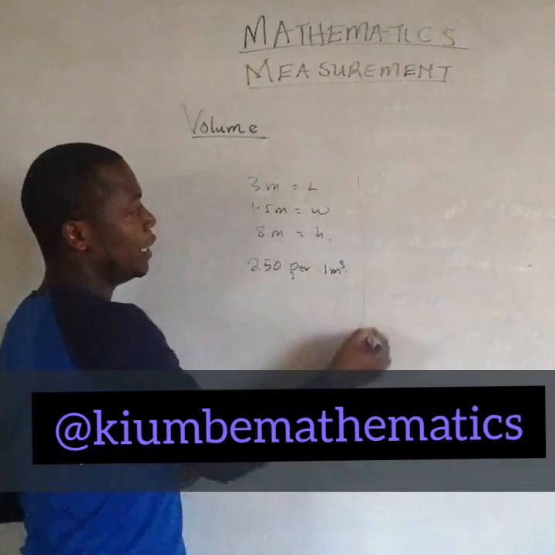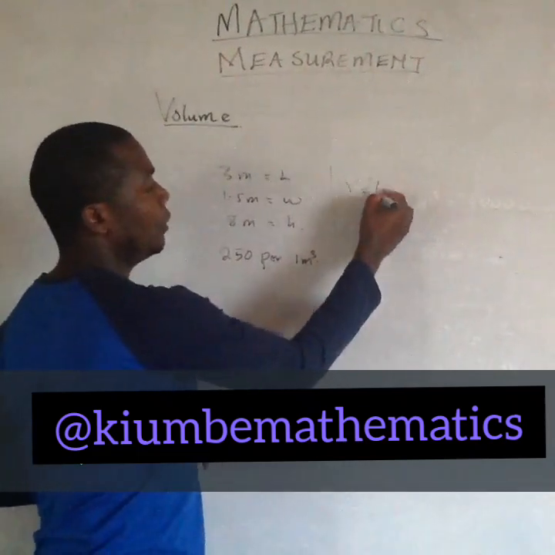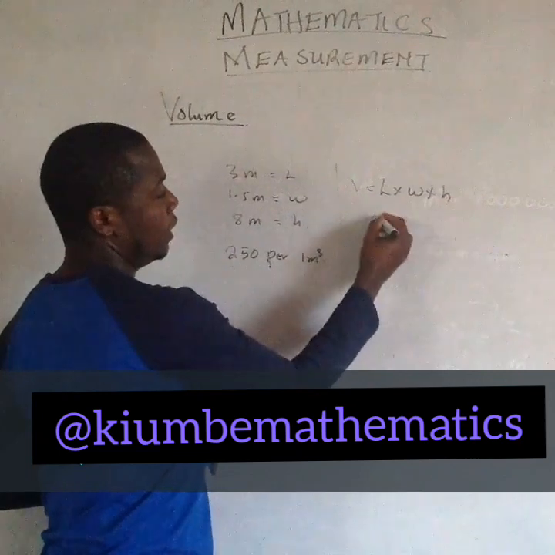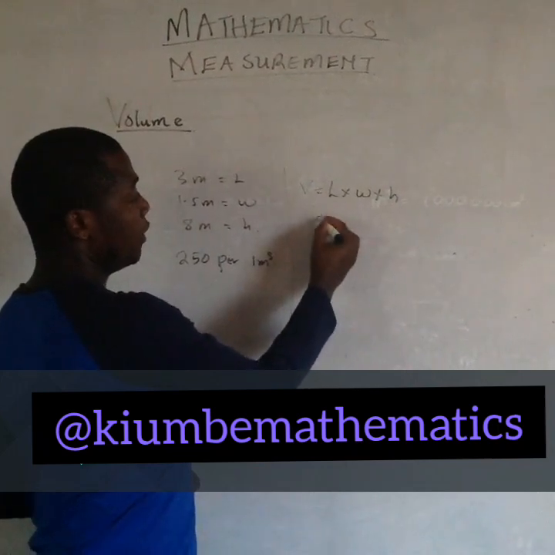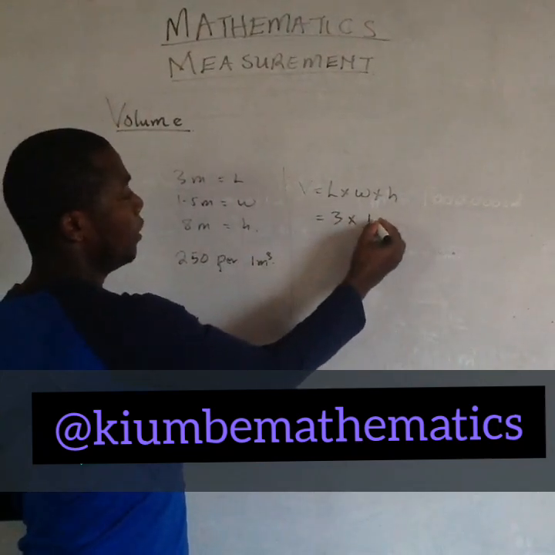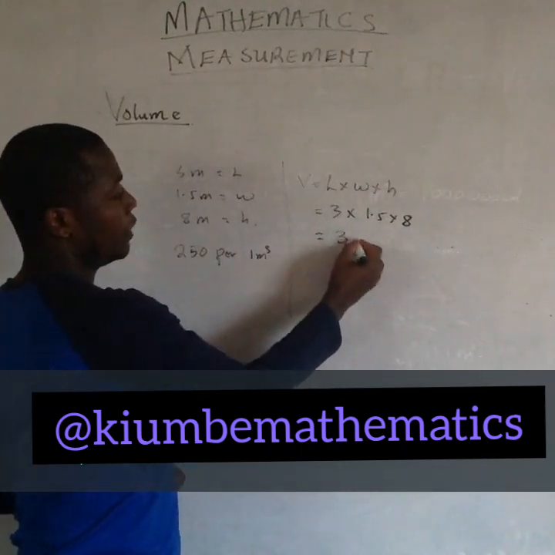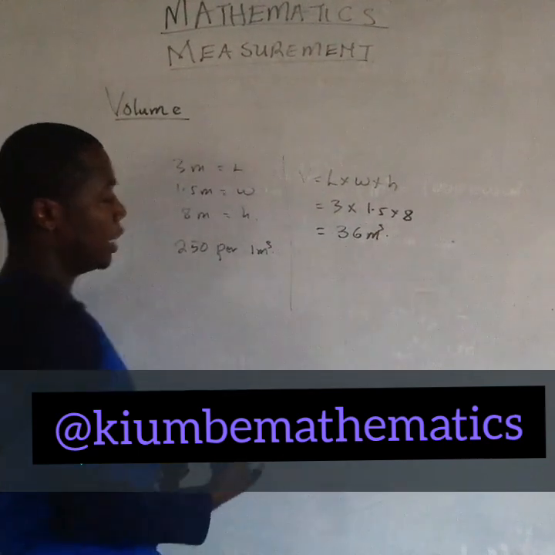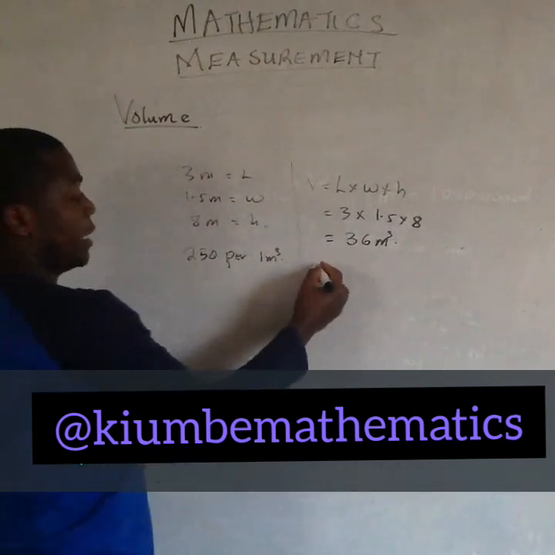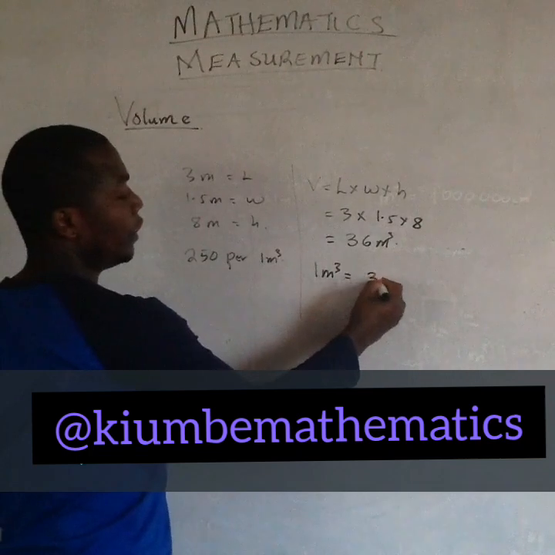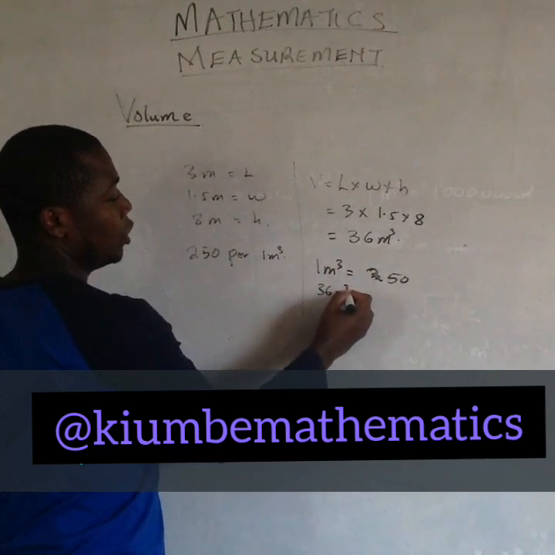Therefore, the first thing we should do there is to find volume as usual. And you know, volume in such a setup is a cuboid, which is length times width times height. Therefore, we shall take the length 3 meters by 1.5 meters by 8, which, when we do the calculation, should give us 36 meters cubed. And we know the question is asking us how much was he paid. Therefore, we shall relate and say 1 meter cube is equal to 250 shillings. How much will be 36 meters cubed?